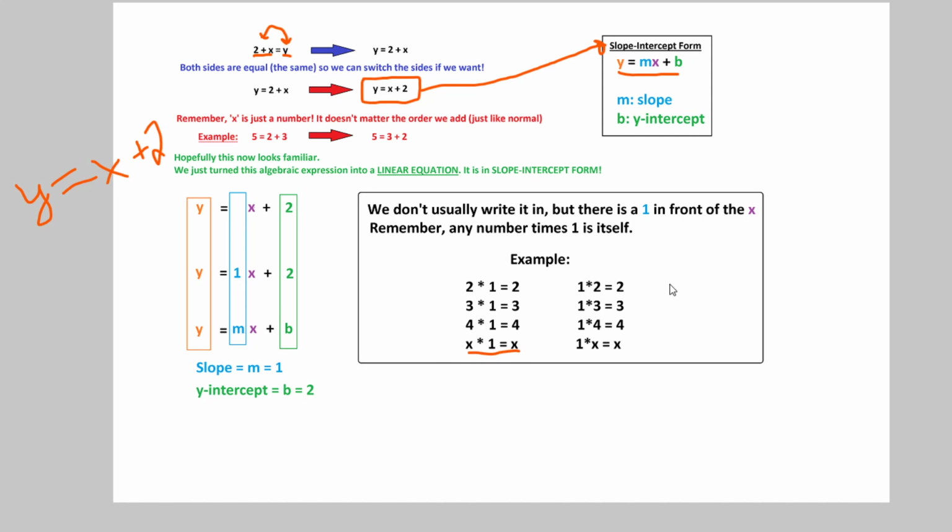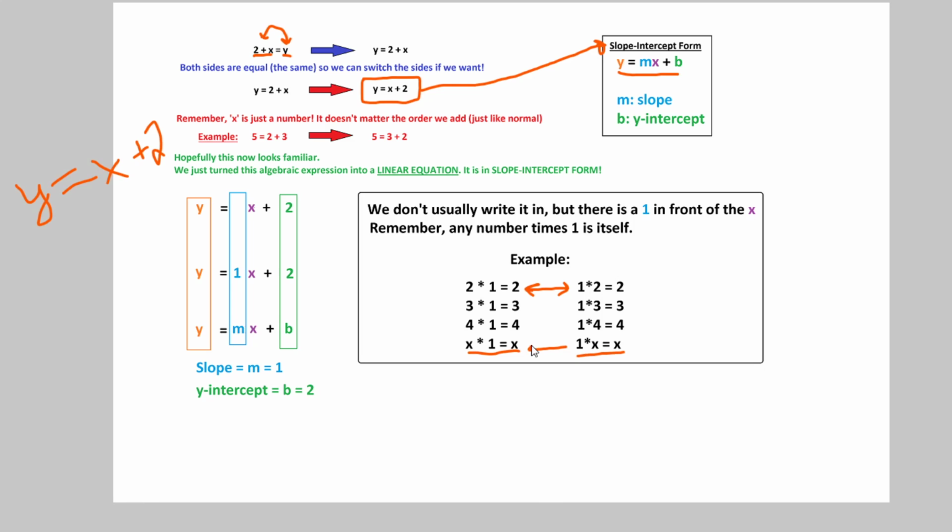And it doesn't matter the order you do it, because multiplication is also commutative. So that means that you can multiply things in any order. 1 times 2 is the same thing as 2 times 1. And then we know 1 times 2 is 2, 1 times 3 is 3, 1 times 4 is 4. So 1 times x is x.